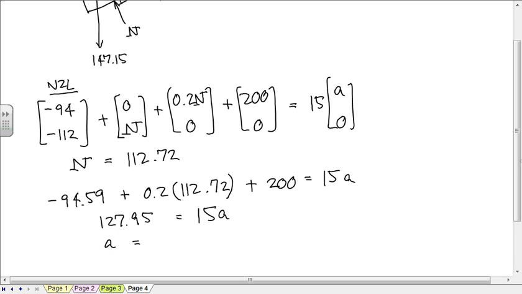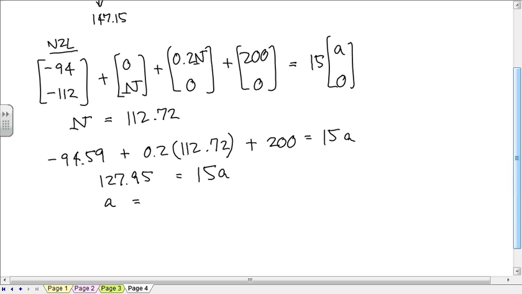So what's a equal to? What, 8? 8.5? So the acceleration vector is equal to 8.5 meters per second squared, 0.